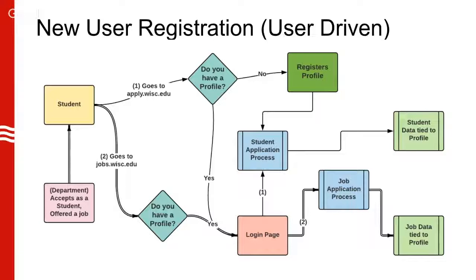If their first question is, do you have a profile at UW-Madison? And they're offered the opportunity to either create one or log into an existing one using a credential that they've associated before. It doesn't necessarily imply that they have to have a net ID. It may be a social account or an external account of some kind.